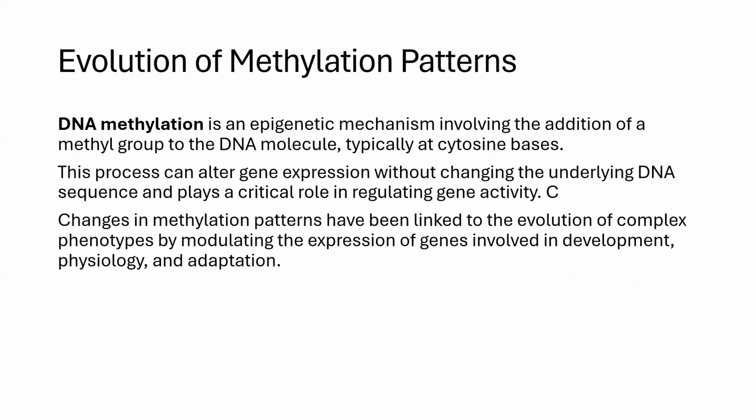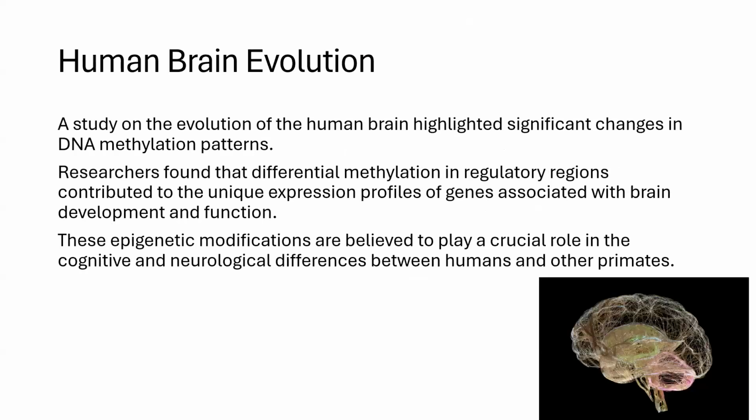So in other words, if there are certain changes that are necessary that can be controlled by methylation, then there's the opportunity for natural selection to, by happenstance, respond favorably to local increases in cytosine bases to enhance methylation.